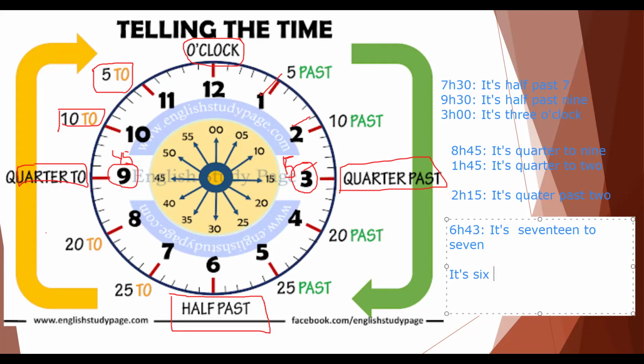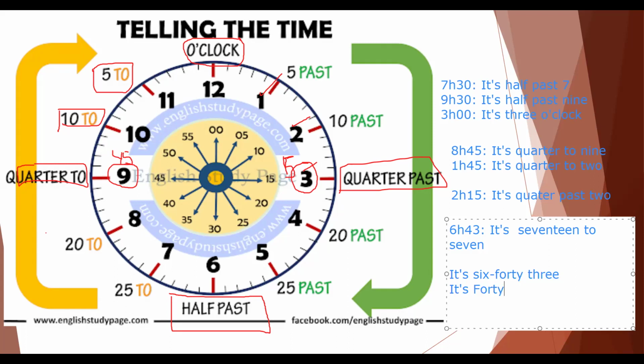6, dice la hora, primero la hora, 6:43. ¿Ya? Normalmente como lo decimos en español. O, the other way, it's 43 past 6. Ajá. Primero decimos los minutos y luego usamos past. Aquí usamos past.